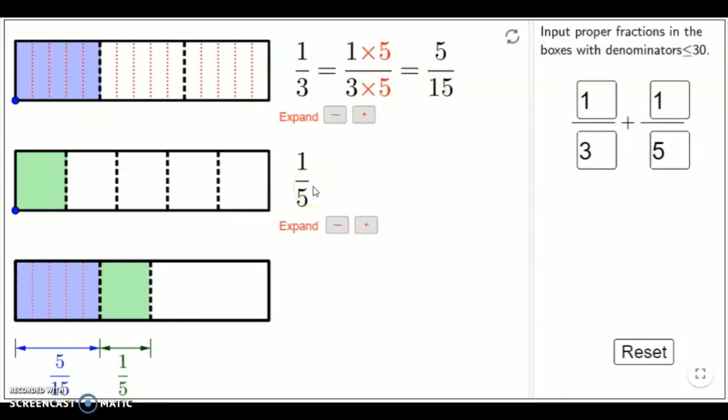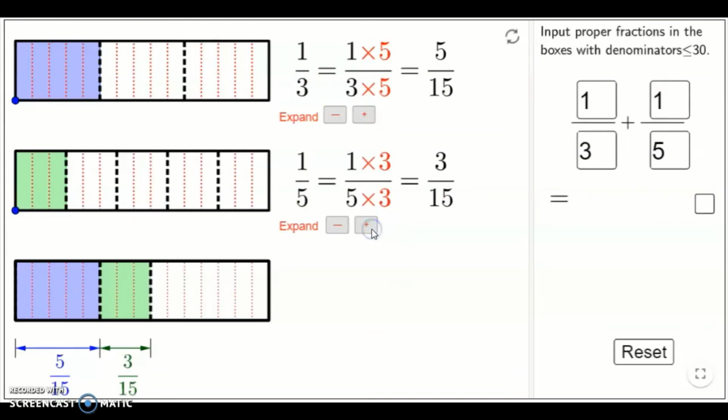Here, to get on the bottom something in the 3 times table, I can multiply top and bottom by not 2 but 3. So really we're multiplying the top and bottom of the thirds by 5 and the top and bottom of the fifths by 3.